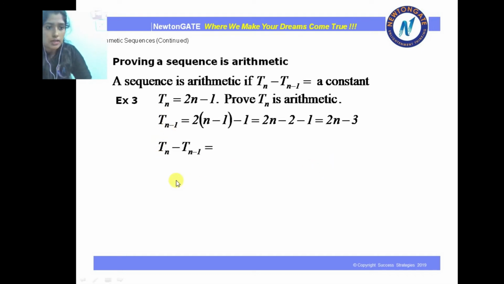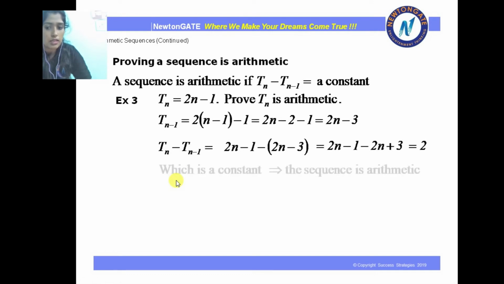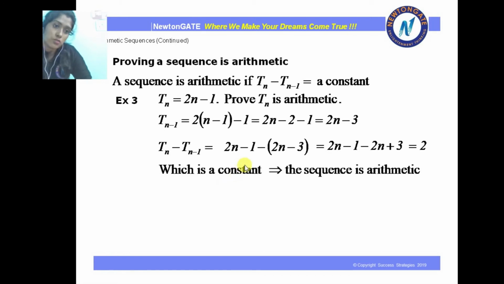So subtracting it, what do we get? Yes, 2, which is a constant value. And hence, this is also the common difference of this particular sequence, 2n minus 1. This is the actual common difference. So this is the constant we are talking about.